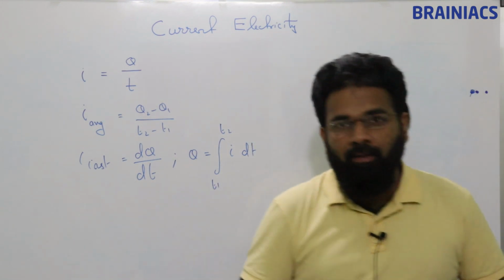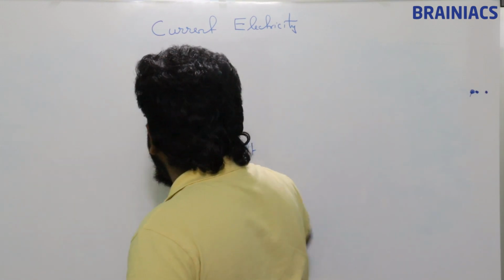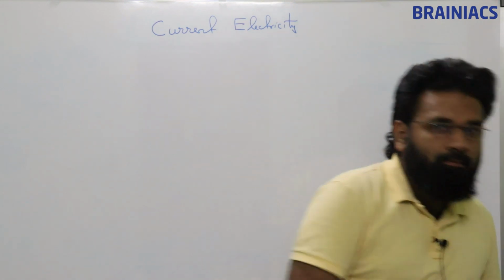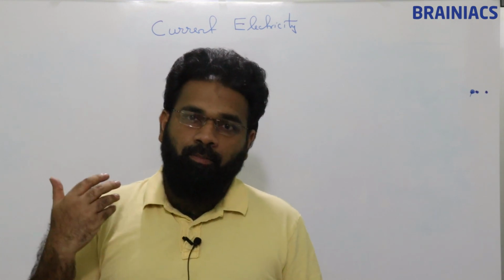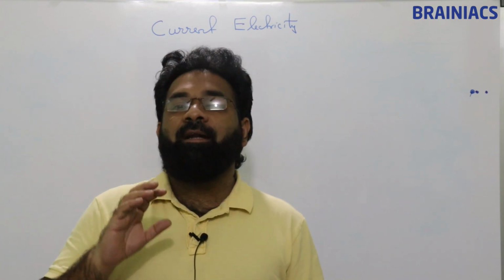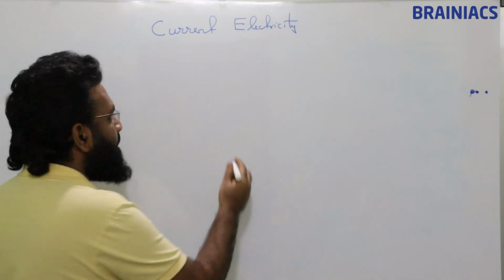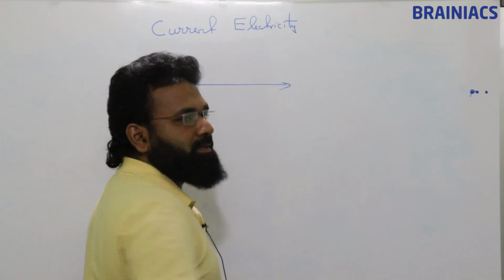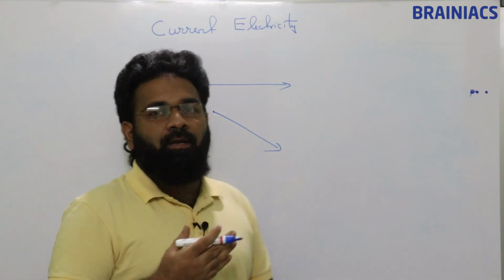Again, same topic, current, we will go into a little more detail. There are different modes for current. For example, current can be made using translatory motion. What is translatory motion? Suppose something is moving like this, or something is moving like this, that is straight line motion.